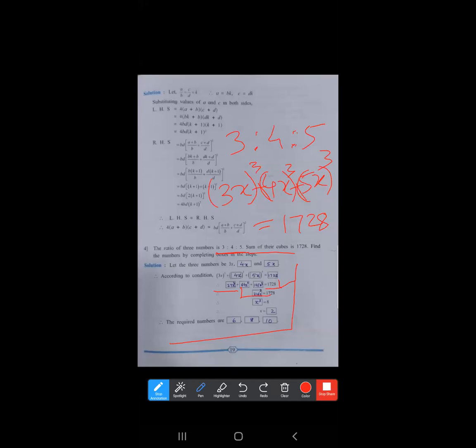So next, x cube equals 8. Here the step is taking the cube root on both sides, and 8 is the cube of 2. So the value of x is equal to 2.